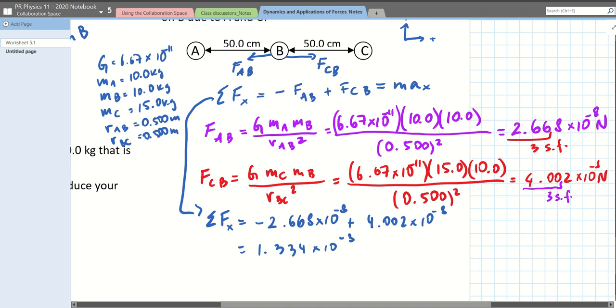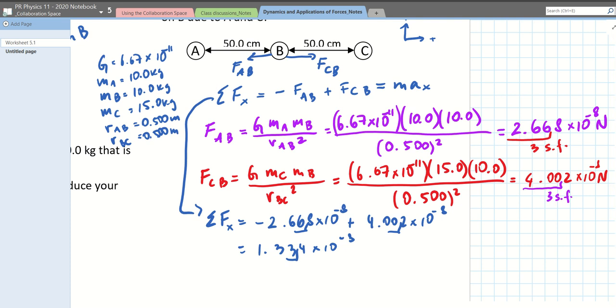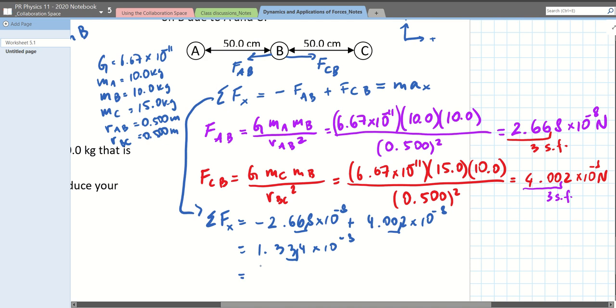Now because like I said, this should be rounded to there, and this should be rounded to there. There's only 2 decimals here, 2 decimals there, so we should be rounding this to 2 decimals. So we're going to end up with 3 sig figs here. So the final answer is going to be 1.33 times 10 to the negative 8 newtons.